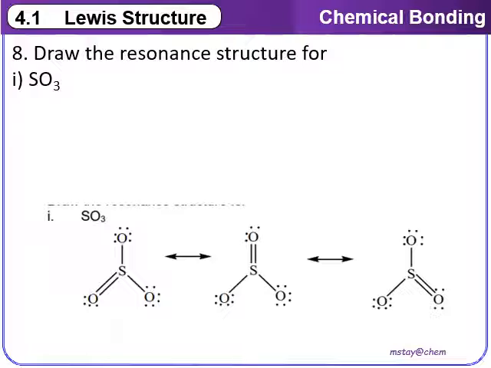We need to draw the Lewis structure, the resonance structure, for SO3. Before you can draw the resonance structure for SO3, we start from the method that we use to draw the Lewis structure. After we draw the Lewis structure, based on your understanding, you're able to identify whether the compound is able to show resonance property or not.